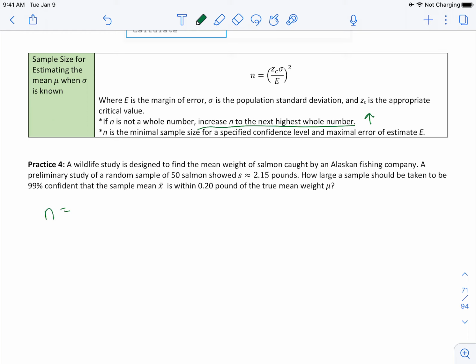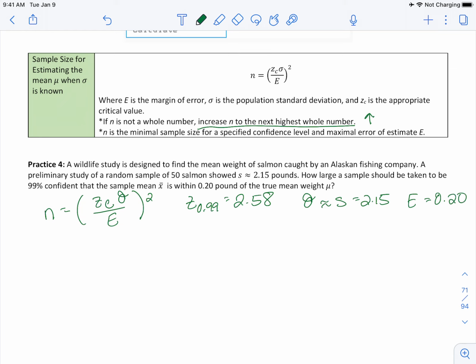So n equals, we have ZC times sigma divided by E, squared. So our Z of 99 is 2.58. Our sigma is approximated by the s, which they tell us is 2.15, and our margin of error is 0.2.